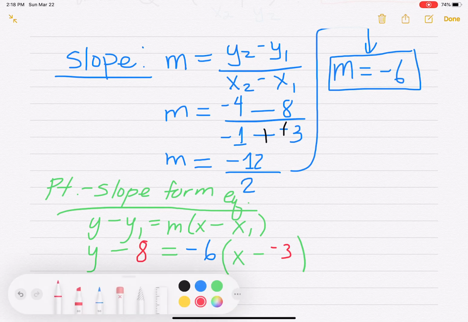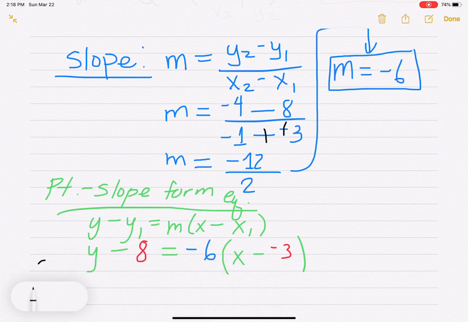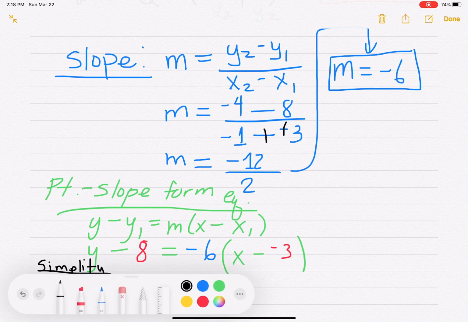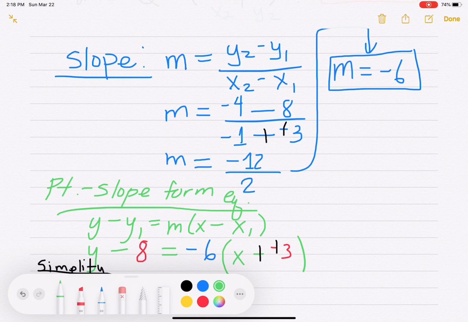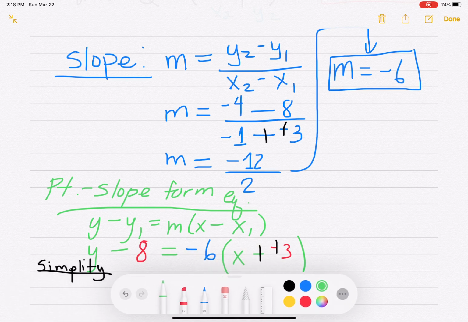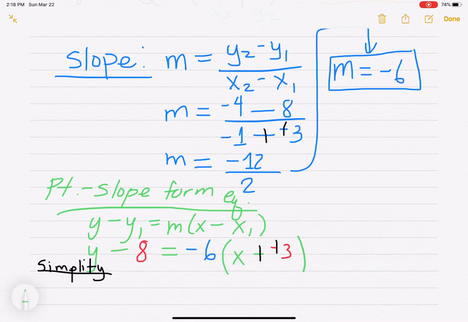Now we can simplify this. Notice that you get the double negative in parentheses. The double negative is going to give you a plus. So in reality, it looks like we have y minus 8 equals, let's distribute this negative 6.